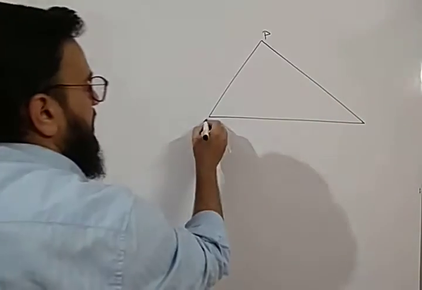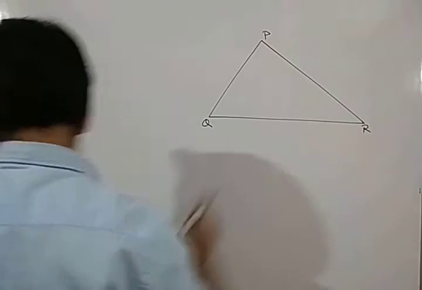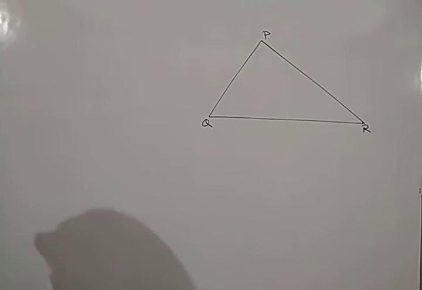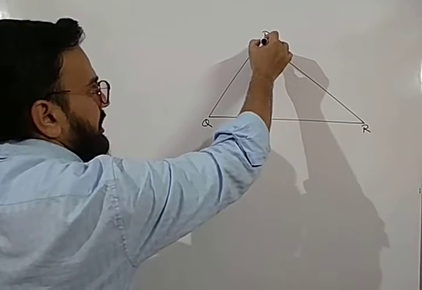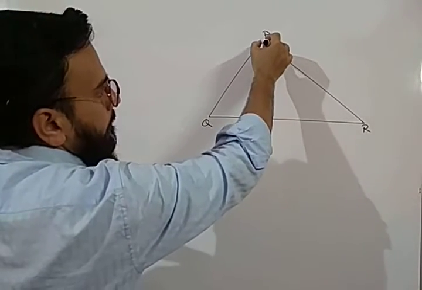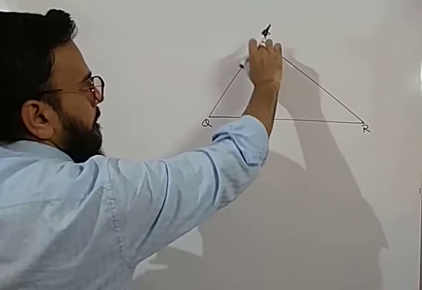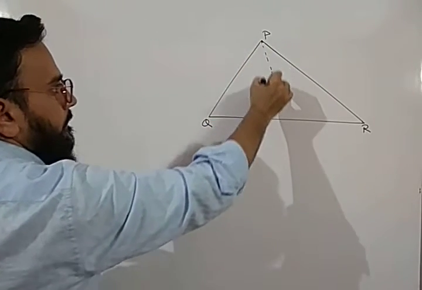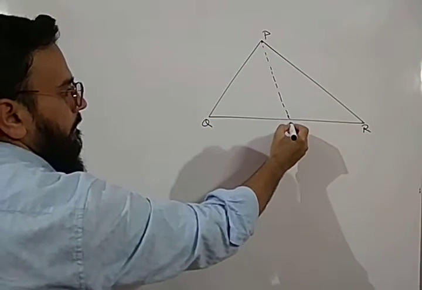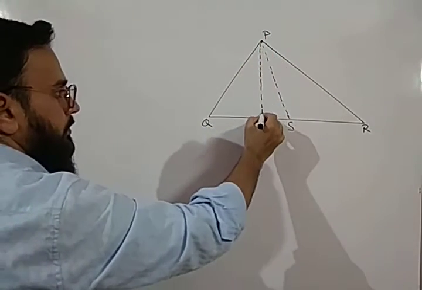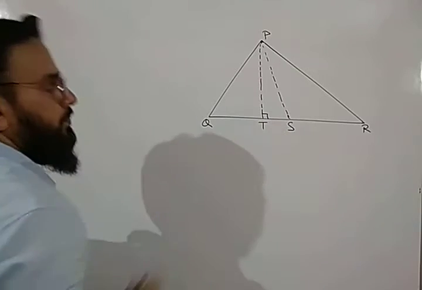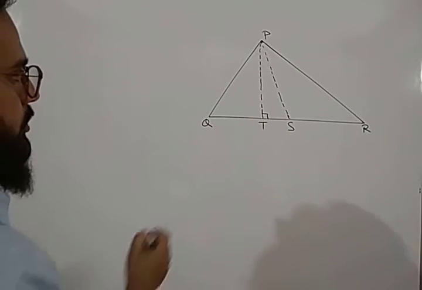A triangle PQR is given, and a bisector of angle P, and a perpendicular. This figure is given. First note down the question.